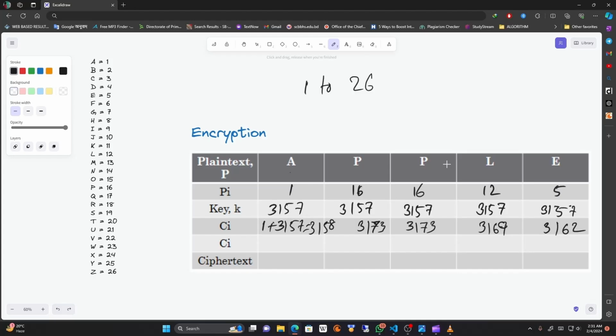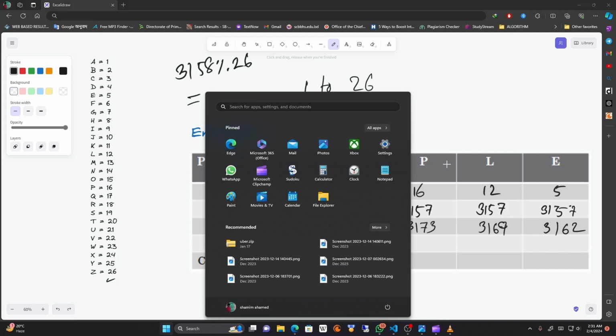But now we have a value of 3158, so we don't have any alphabet whose index value is 3158. So first we take this ciphertext value, 3158, and divide it by 26, because we have 26 alphabets. If we do this, we'll get a result, so let's go to our calculator.